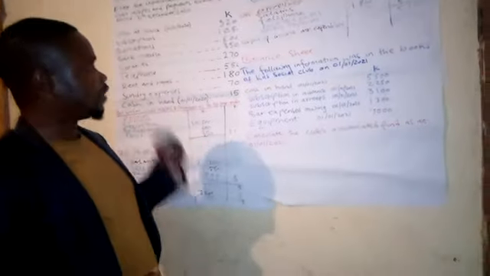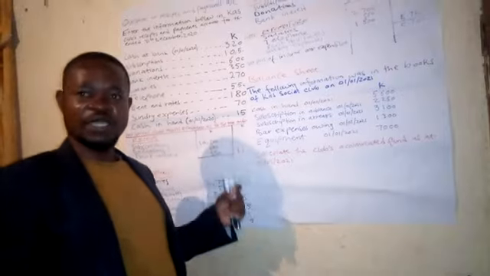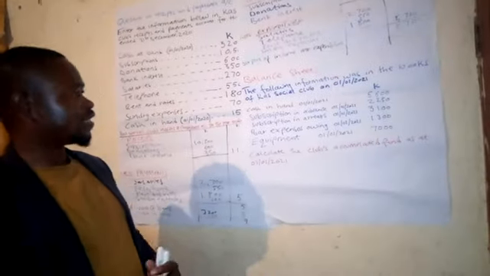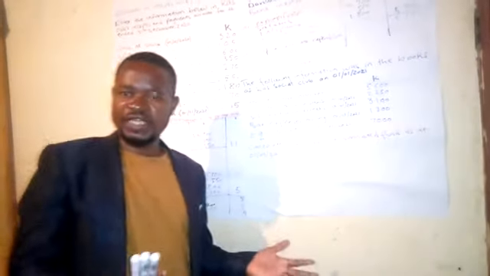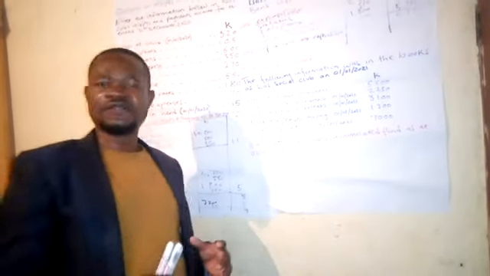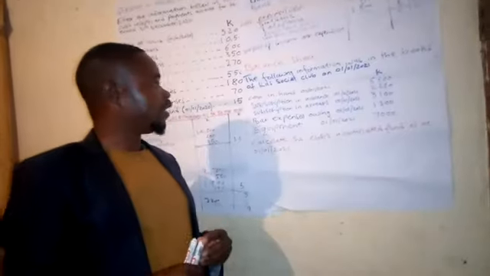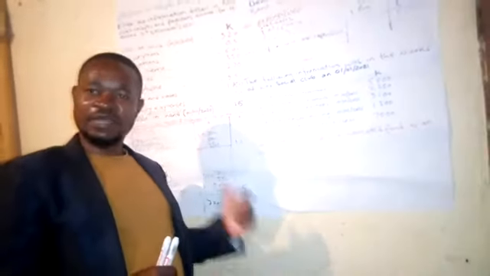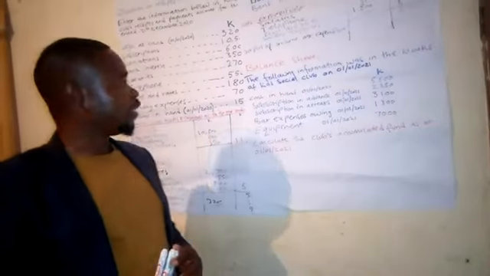All right, so we have prepared the receipts and payments account. We have also prepared the income and the expenditure account. What about the balance sheet? We know that a balance sheet is a statement that shows assets and the liabilities of a business.